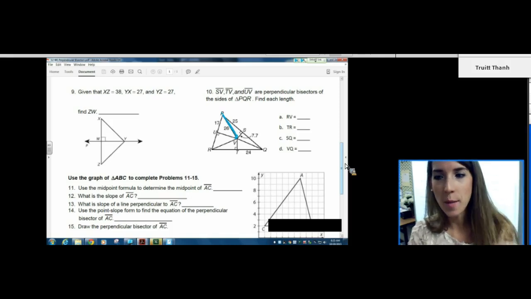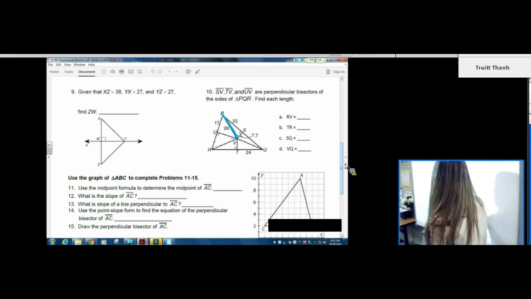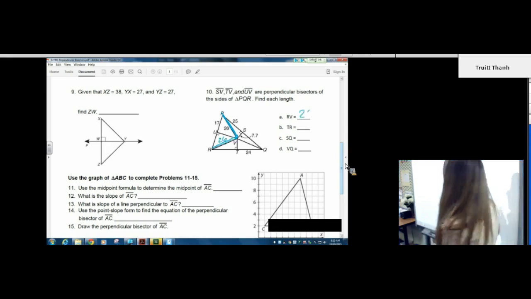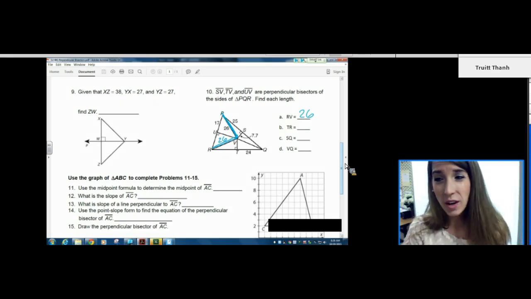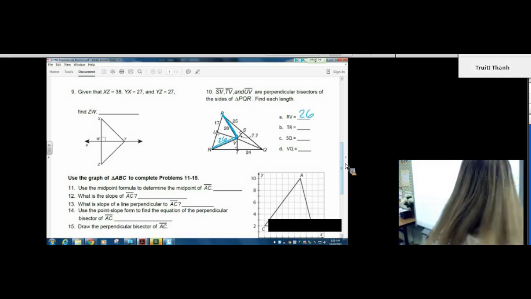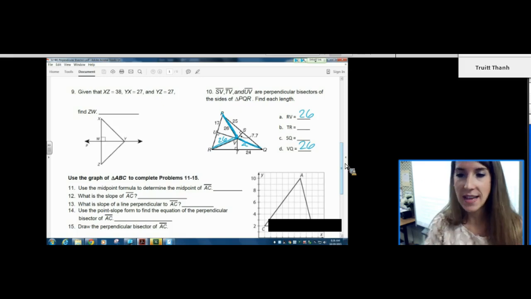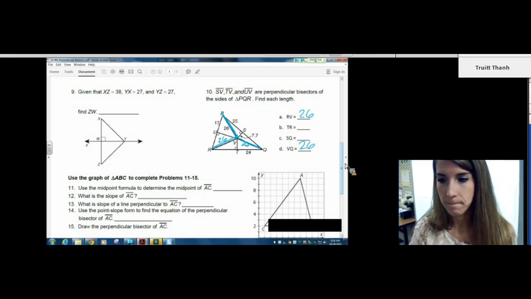Well, if V lies on the perpendicular bisector, if it's 26 away from P, then it better be 26 away from R. So you're using the perpendicular bisector theorem to find the missing lengths. VQ is also 26. If V is 26 away from R, then V is 26 away from Q because of the perpendicular bisector theorem.